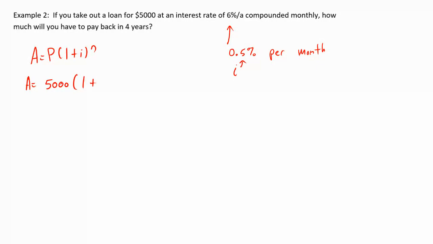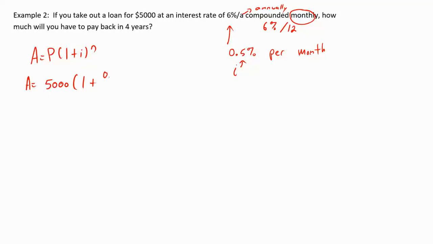Now, the way we got this 0.5% was 6% divided by 12, because there's 12 months in a year, so 6% per year. This slash A means annually. But we're going to go 6% divided by 12 to get 0.5.